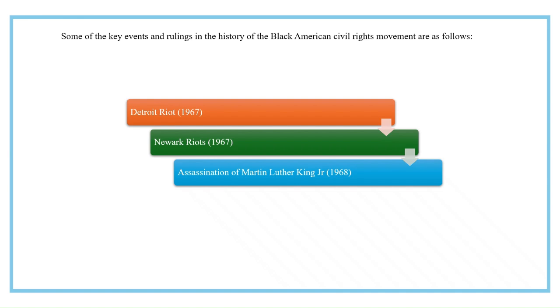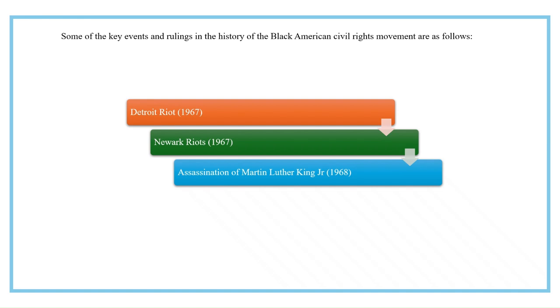13th, assassination of Martin Luther King Jr., 1968. On April 4, 1968, King was assassinated. His murder set off riots in various cities across the country. This paved the way for the Fair Housing Act on April 11, 1968.